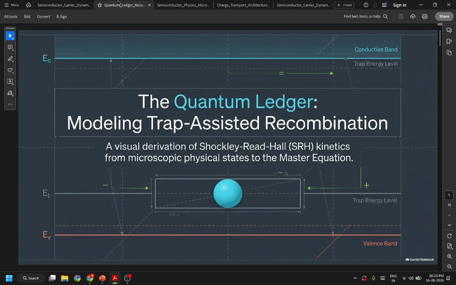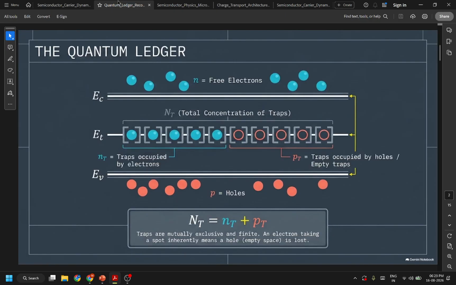So now we will model trap assisted recombination. In a typical trap assisted state, you have the valence band, conduction band, and the trap state. The free carriers in the conduction band are called N, that are the free electrons, and in the valence band they are called P, that are the holes.